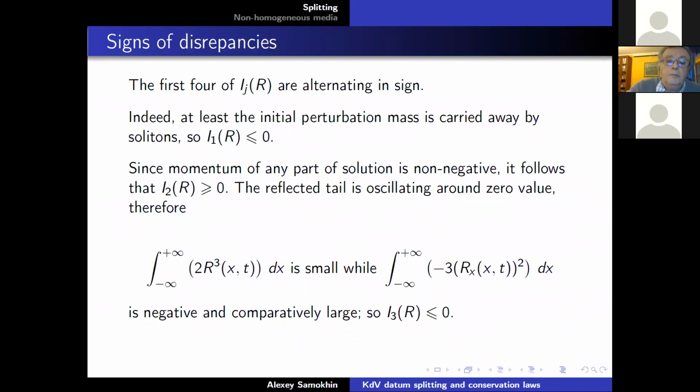But they are nevertheless of some use, because these discrepancies, or conserved quantities for the reflected wave, are alternating in sign.